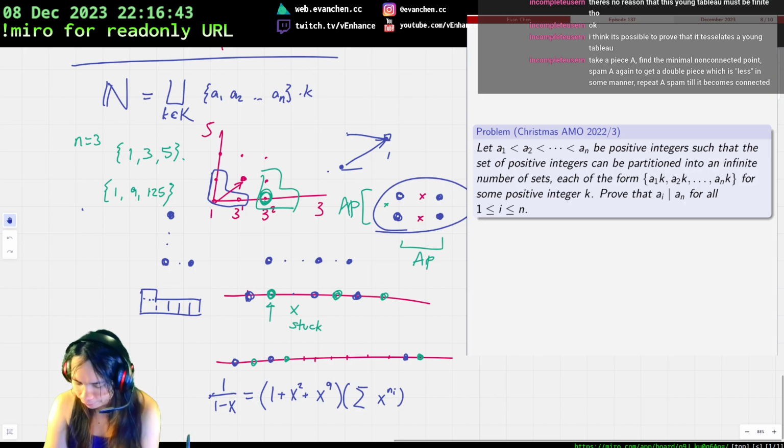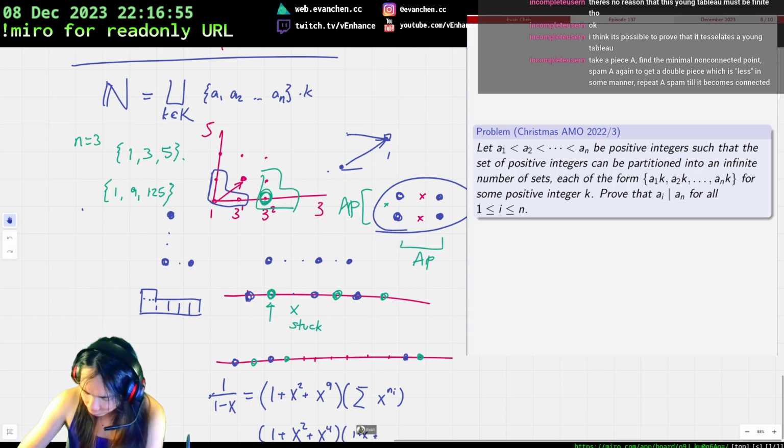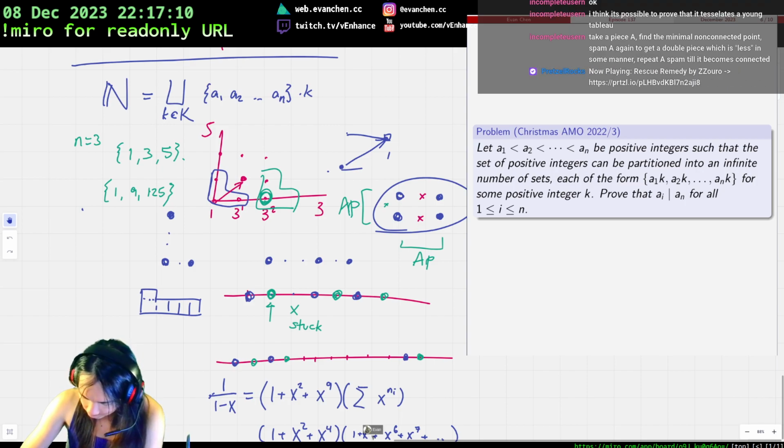Do I believe this? I think the answer is not super. There's this thing where if I had 1 plus x squared plus x to the 4th, which is an arithmetic progression, this is going to be every 6, right? Which is 1 plus x times 1 minus x to the 6 or something of the shape. This is true.